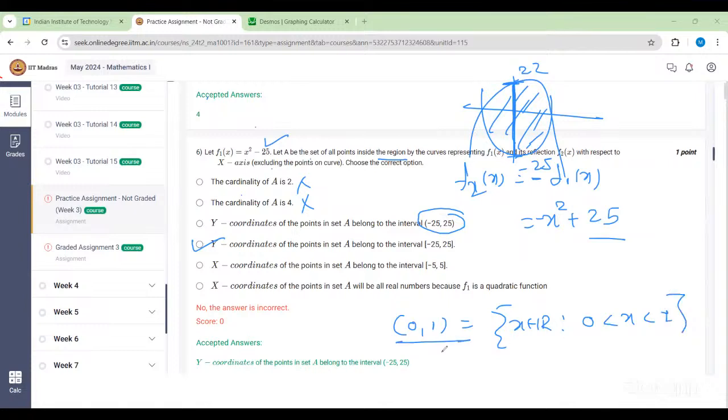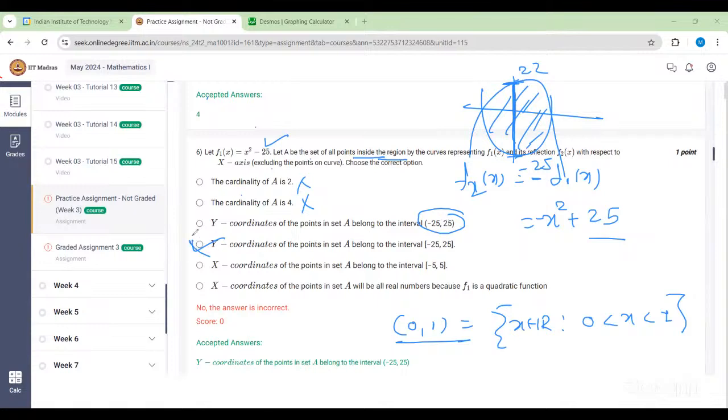So this interval does not include 0 and 1. Here it says inside the region bounded by the curve. So because of inside, they are not including minus 25 and 25. They are on the boundary of the region, but they are not inside the region.